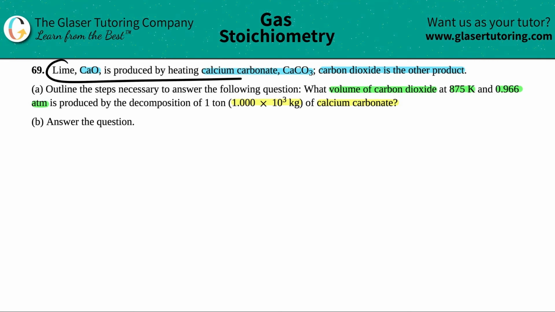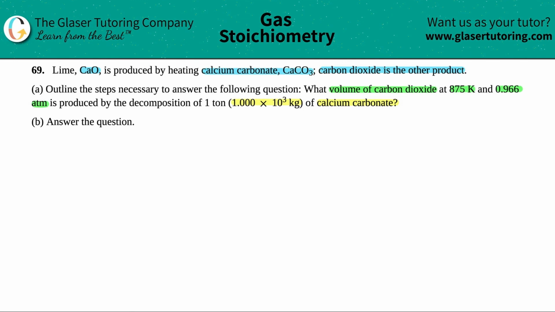Now they do give us the information in words up top here. They said CaO is produced by heating calcium carbonate, and then carbon dioxide is the other product. So it looks like I'm taking the calcium carbonate, and as I'm heating it, I'm breaking it down into CaO and carbon dioxide.